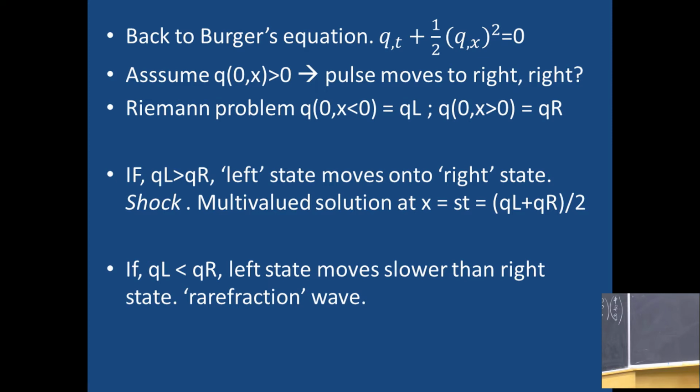So the pulse moves to the right. And now let's define the first Riemann problem for this equation. At the initial time, say with an interface at x equal to 0, let's define the value q to be q left, and at the right side of the interface, I'm going to call it q right.